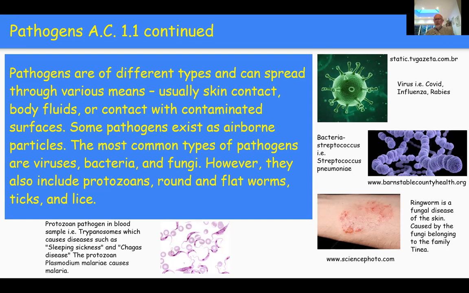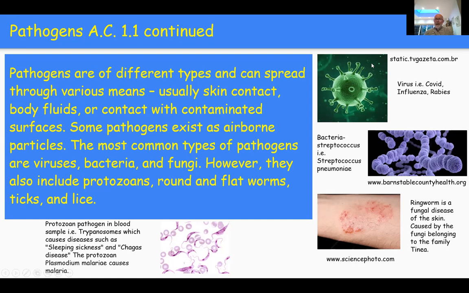And we also include in there ticks and lice, biting insects that can carry disease, but they can actually invade our body or on our body, lice and ticks. Anyone that's had dogs may know about ticks, because they can be transferred.